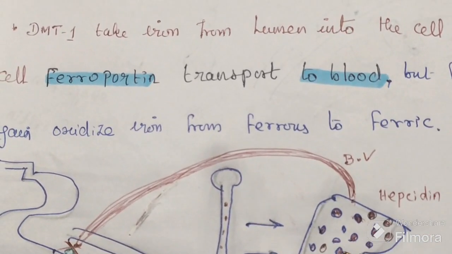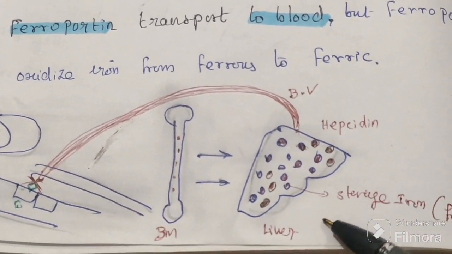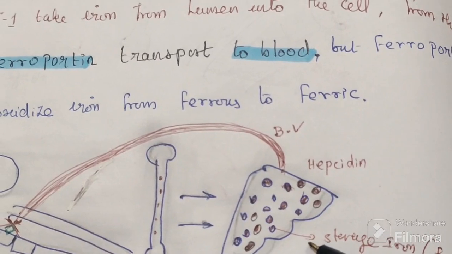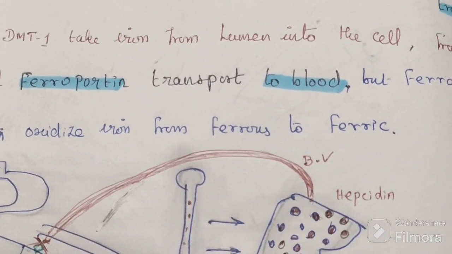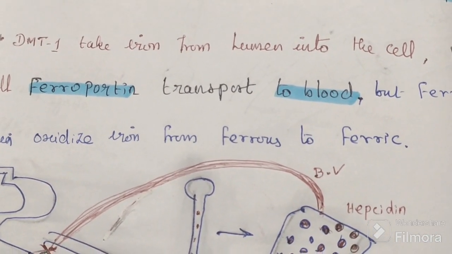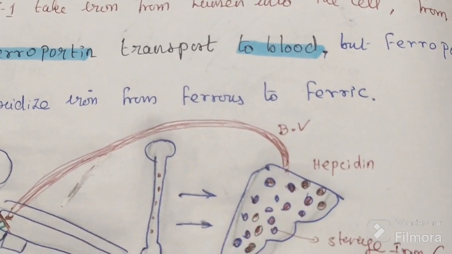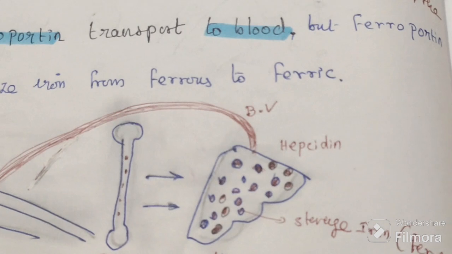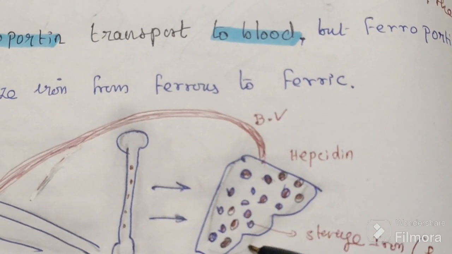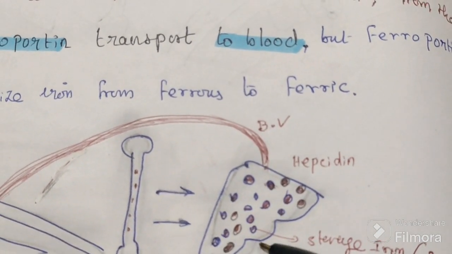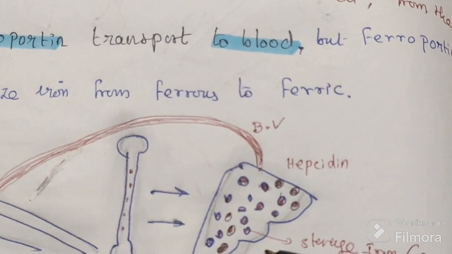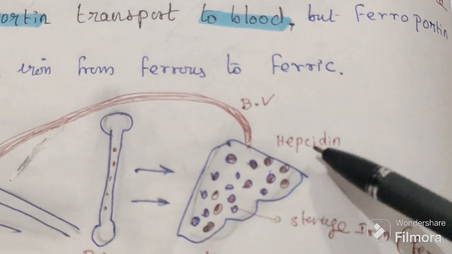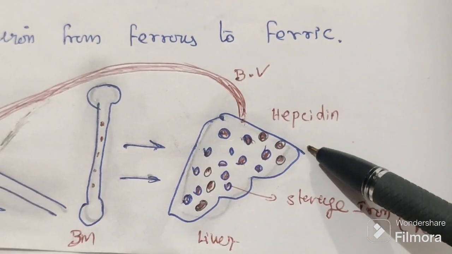Once excess ferritin is there in the liver, it synthesizes a protein known as hepcidin.